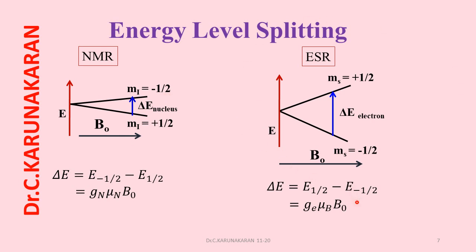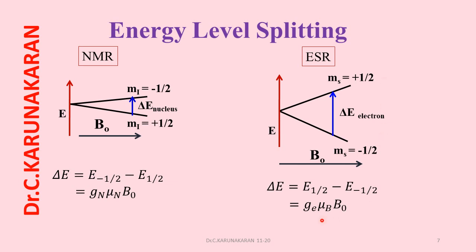Similarly for ESR. In the case of ESR, the energy of splitting is very much greater, not up to the scale, because of the Bohr magneton. The magneton is inversely proportional to the mass, here the mass of the proton. Because of the high mass of the proton, the energy of splitting is lower, whereas in this case the mass of the electron is very much smaller.